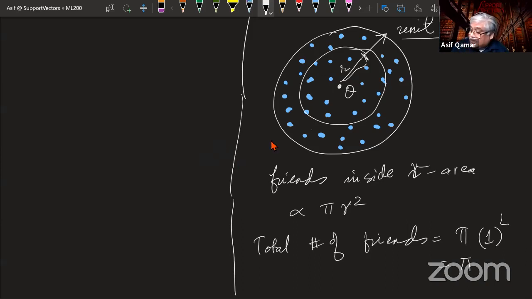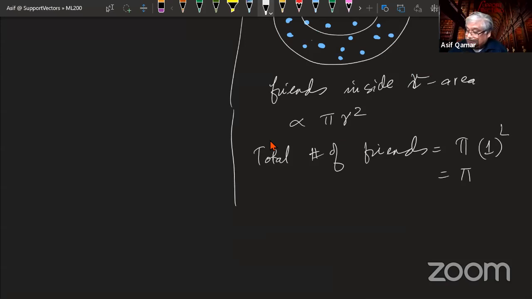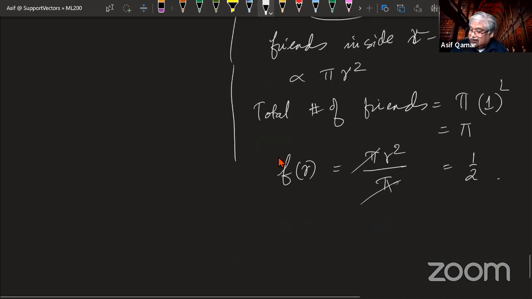So if you want to meet half your friends, the number of friends within r distance would be pi r squared. What proportion of all your friends are here? Over pi. Does this make sense? Pi cancels out. So suppose this is equal to a half. To meet half your friends, you have to go.